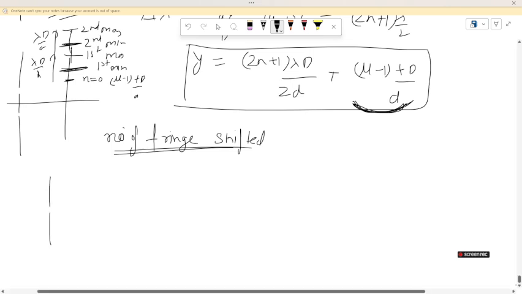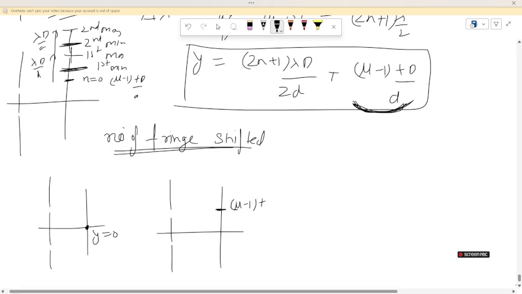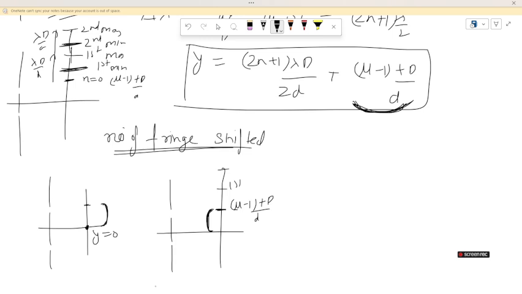So you can see that normally, without the slab, the central maxima was at y equal to 0. When we introduce the slab, the central maxima comes here, at (mu minus 1) t D by d. First comes here, second comes here. So the number of fringes shifted, how many fringes shifted upward, that means in this distance there were some fringes earlier, and all of those shifted upward.